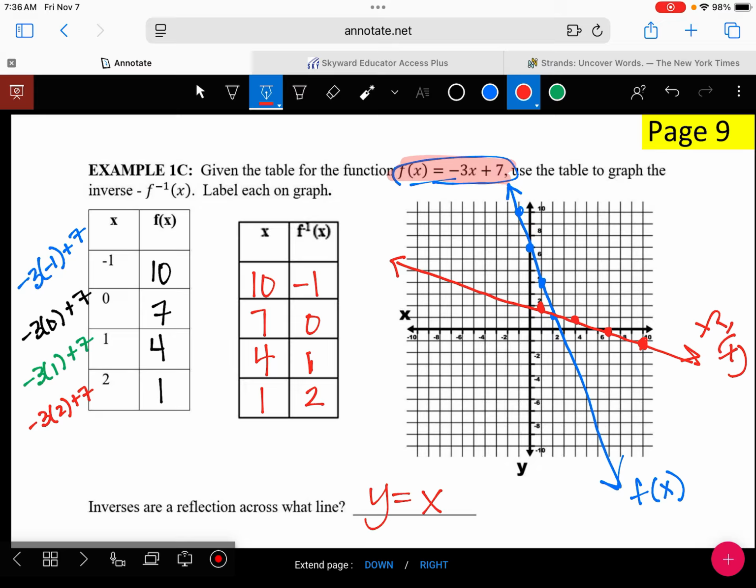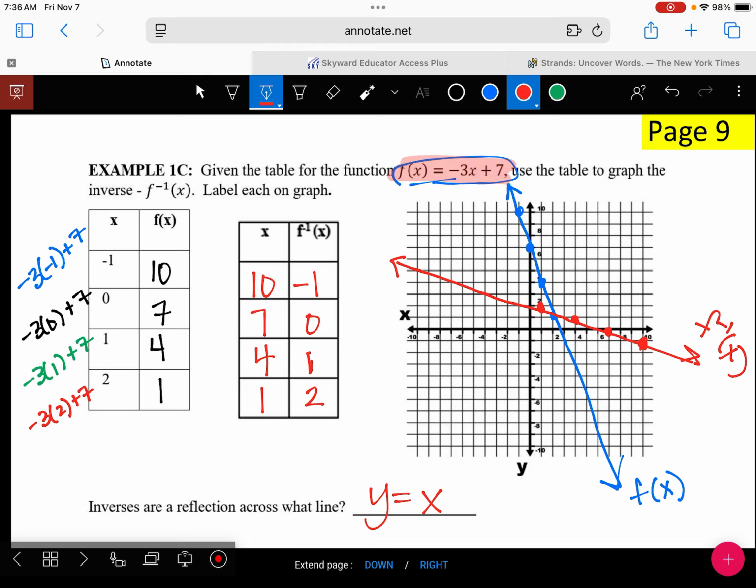And remember, it always reflects across the line y equals x. Just so you can see it. Hopefully you can see how it reflects across the line.